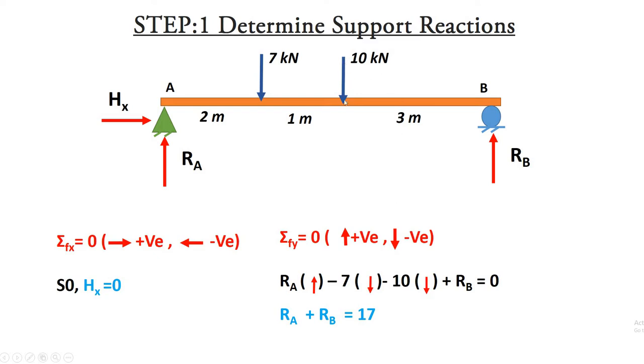This 10 is acting downwards, so it is also negative. Plus Rb is acting upward, so it is positive, equal to 0. So Ra plus Rb is equal to 17.